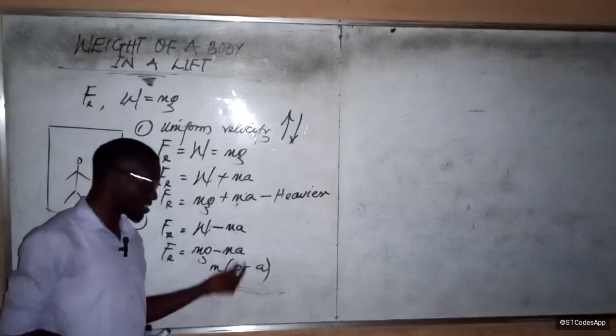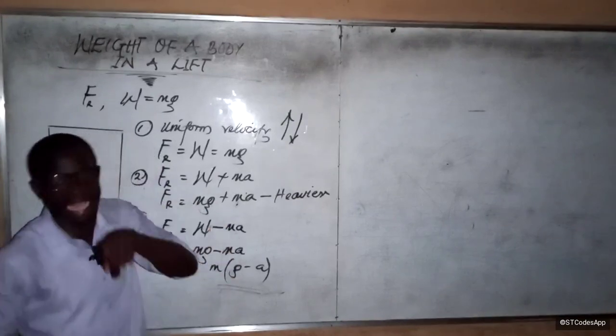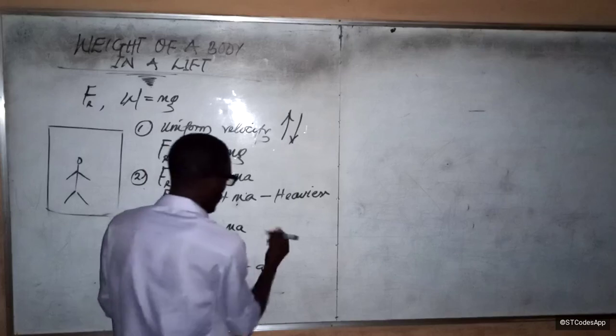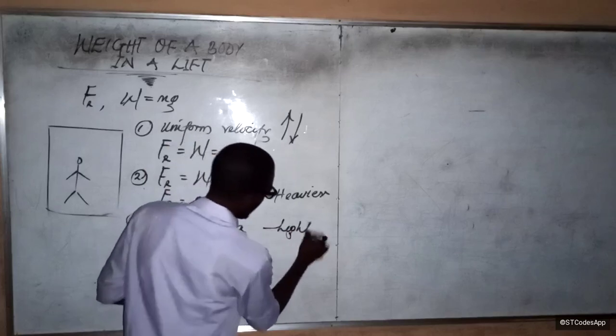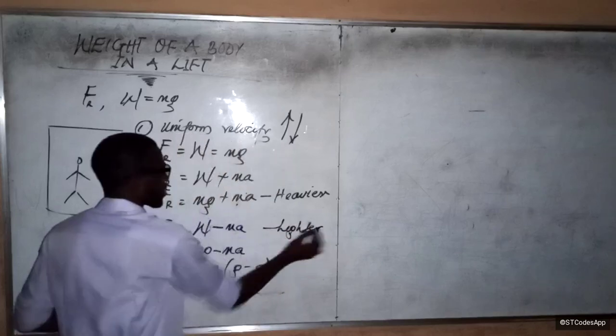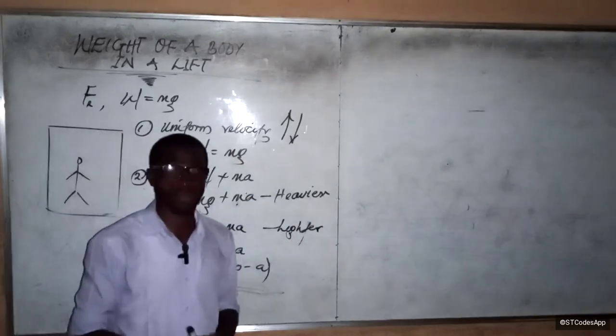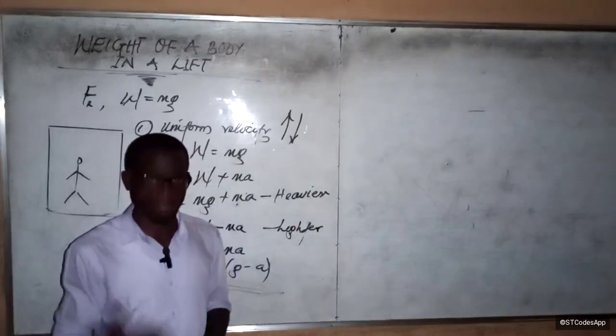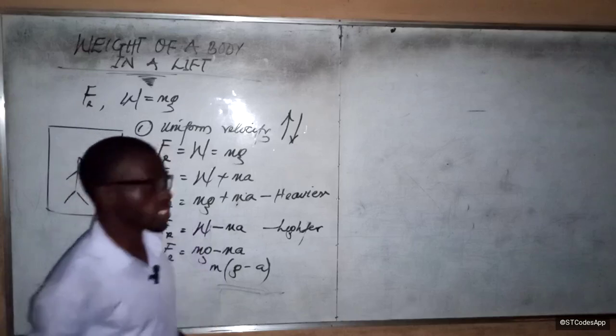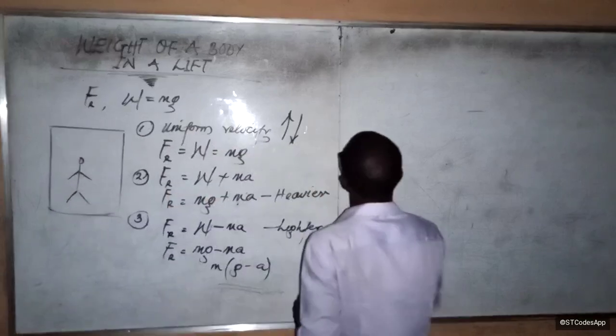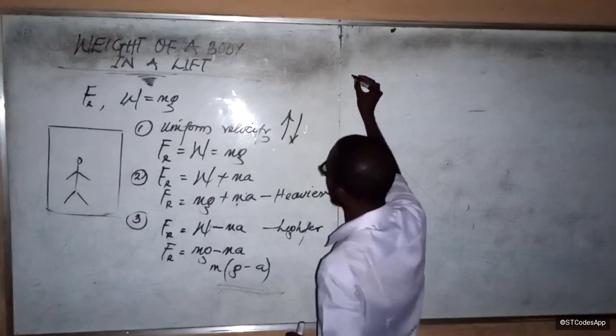In fact, the body will feel lighter. So if you're in an elevator that is coming down, you will feel lighter. If you have ever been in an elevator before, you will notice that that condition does happen.